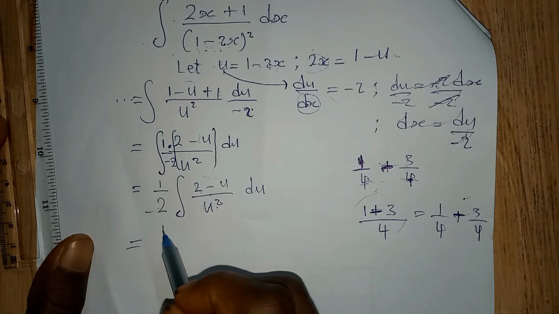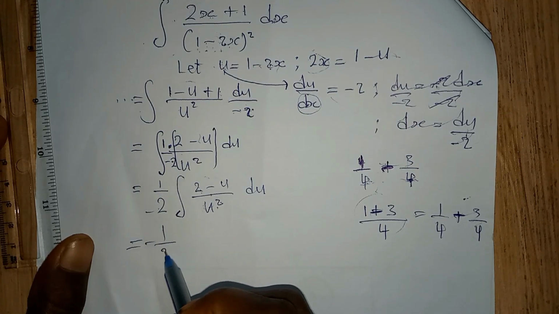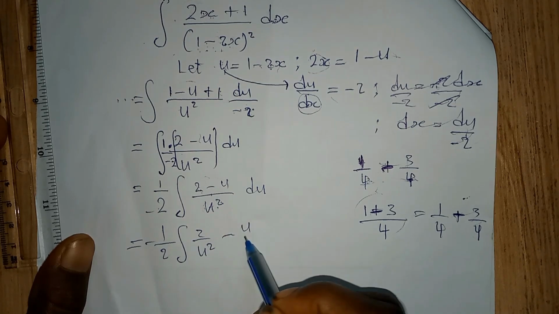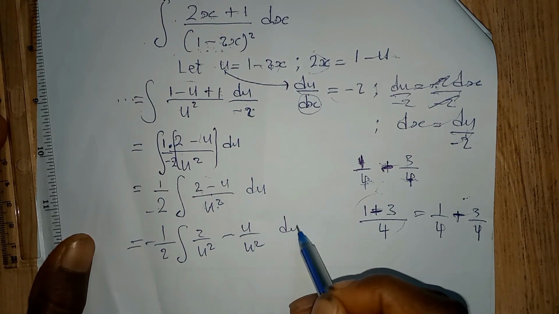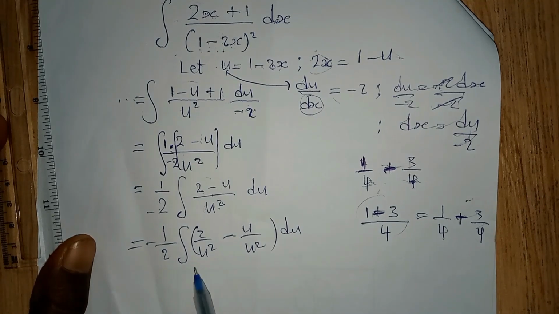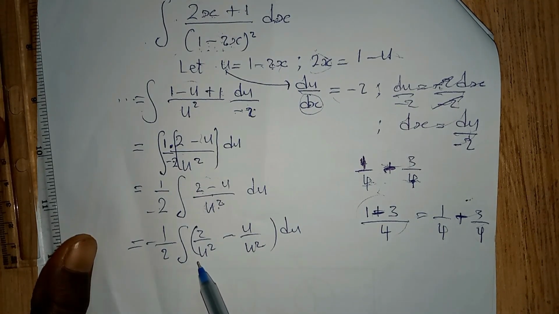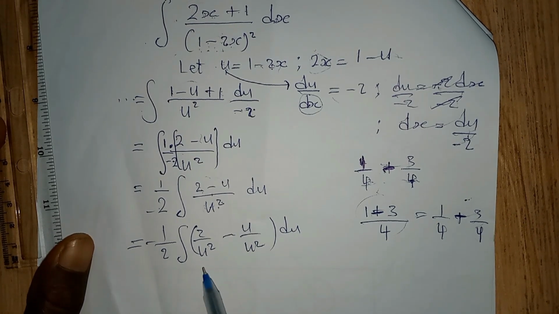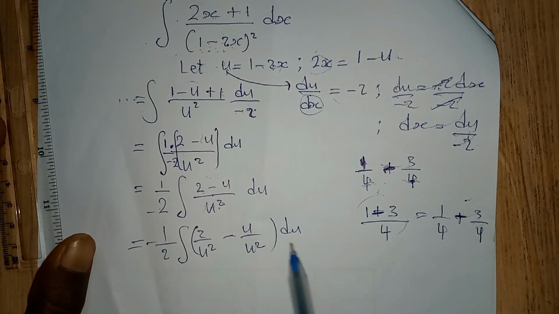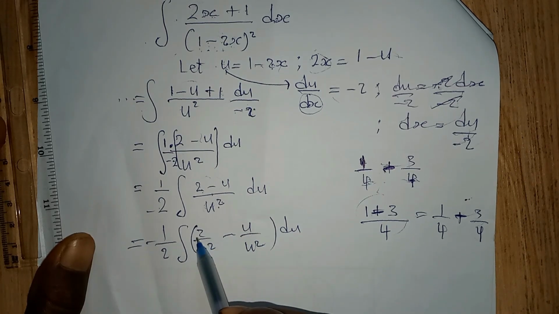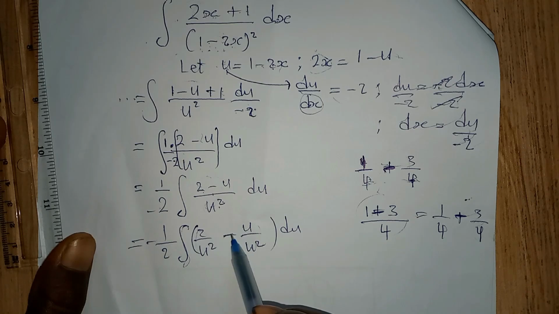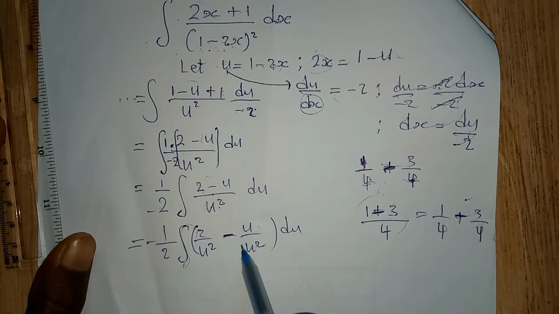We now have negative 1 over 2 integral of 2 over u squared minus u over u squared du. Now from the integration rule of subtraction or addition, when you have the integral of two separate terms separated by a minus sign or a plus sign, you separate the integral for both of them.